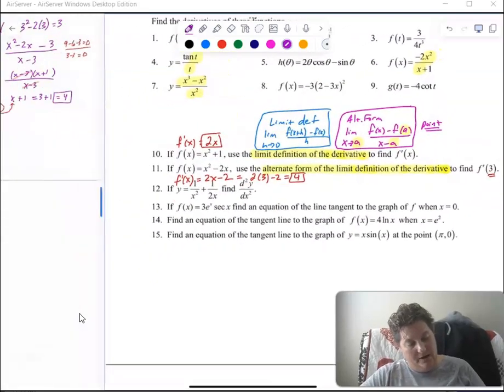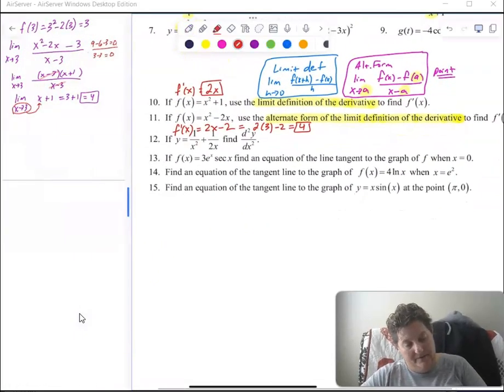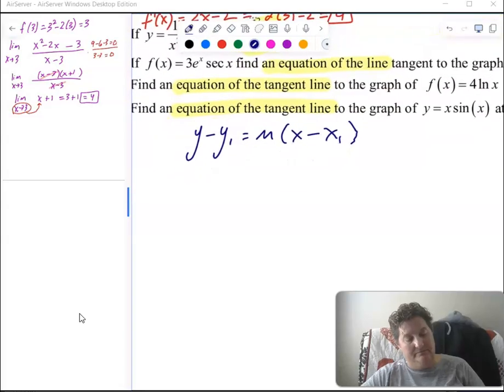All right, now there's a few other important questions right here. Second derivative, so we need to talk about how to do the second derivative. And then equation of tangent line. That's obviously important. You guys want to make sure that you know the equation of a tangent line, we do y minus y1 equals m times x minus x1.